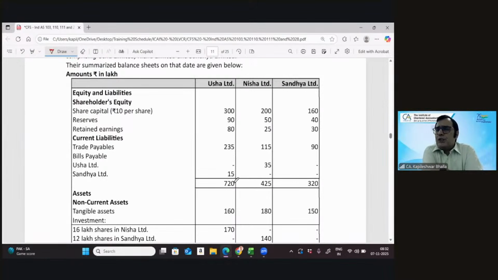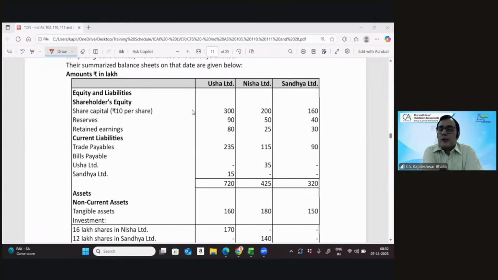Can I take the share capital into the respective percentages? 200 into 20%, can I do that? And what about that 160? 160 into what percentage? That's right, 200 we can take 20%, but what about that 160?